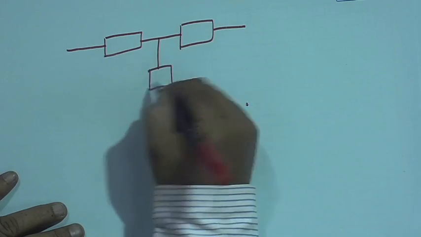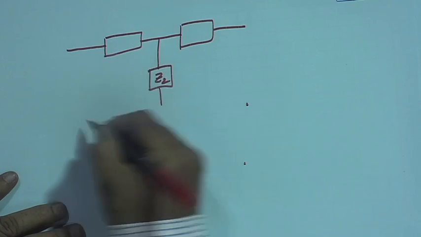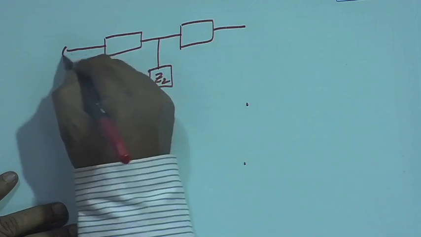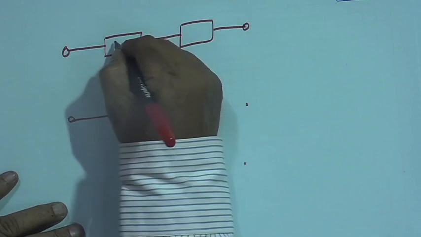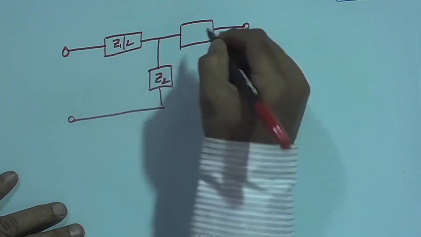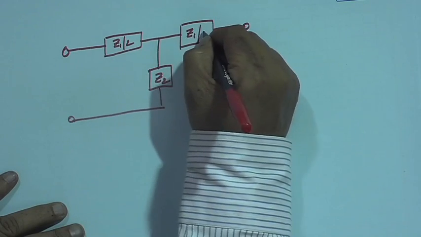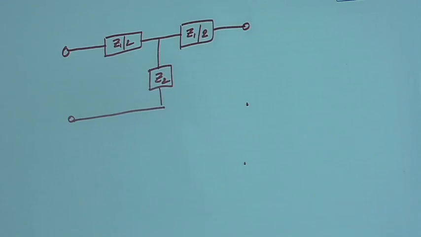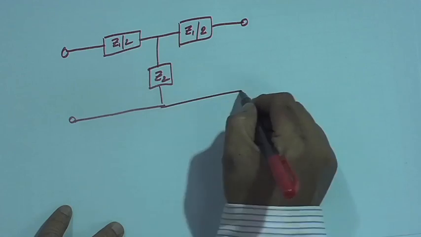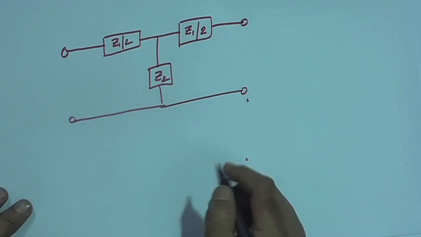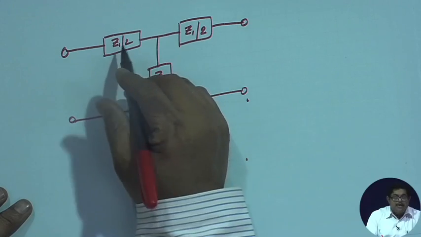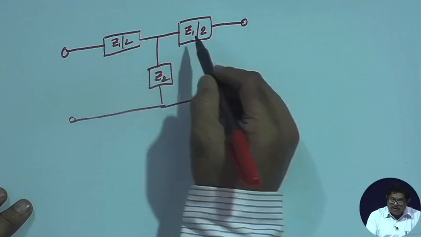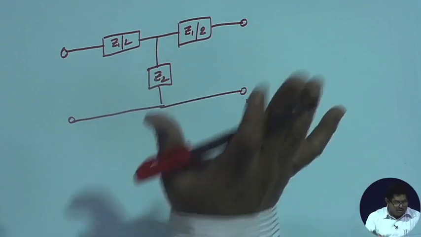I can also see it with a pi section. It is symmetrical, and instead of Z1 as earlier, people now call it Z1 by 2, because there are two in series. Now, remember, obviously Z1 and Z2 are pure reactances.